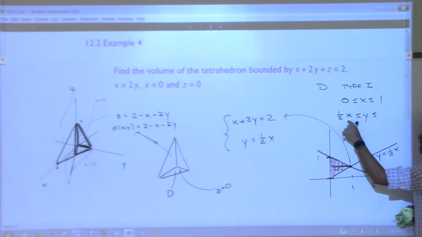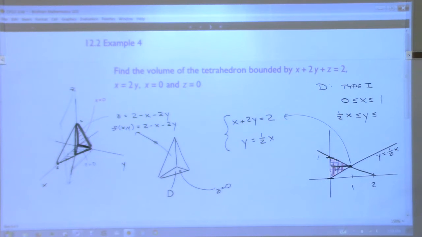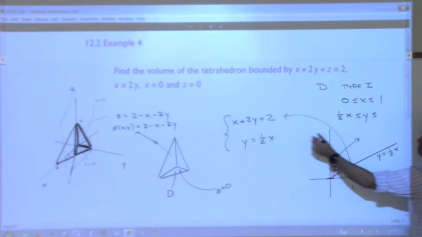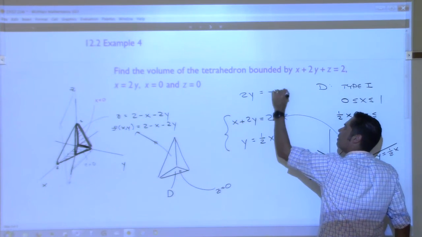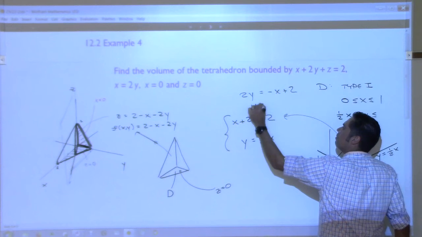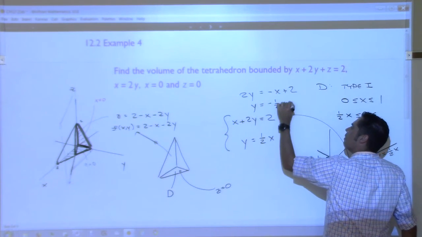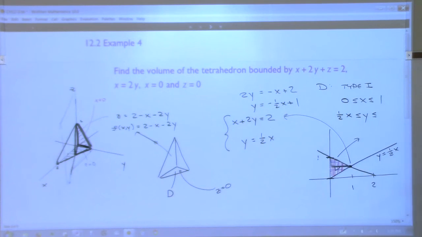So that's my lower bound. What about my upper bound? What's this line right here? Well, we never did it, but it's this one solved for y. So it's that, right? So this is negative 1/2 x plus 1.